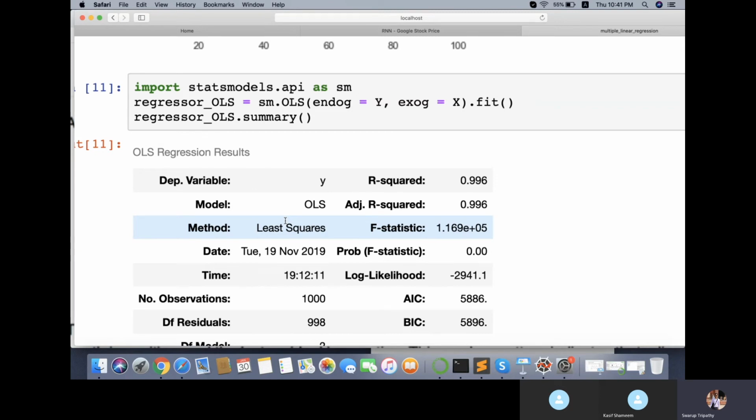It will also do some other tests like Jarque-Bera and Durbin-Watson, which we'll discuss.